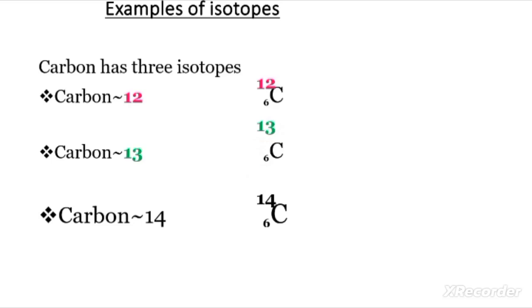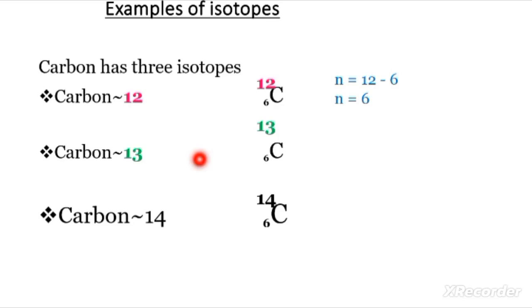We say the mass number minus the atomic number. In this case, the atomic number is 6. So 12 minus 6, we get 6. So the number of neutrons is 6.